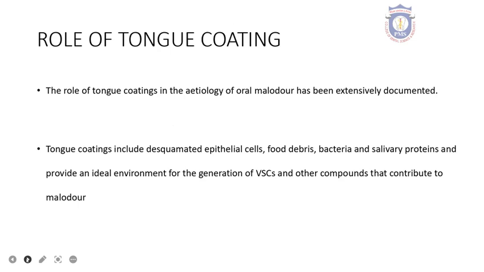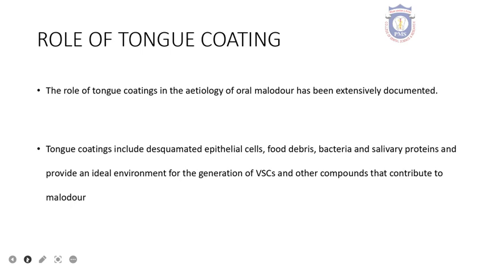So how does tongue coating cause halitosis? The role of tongue coating in the etiology of malodor has been extensively documented. Tongue coatings include desquamated epithelial cells, food debris, bacteria, and salivary proteins.